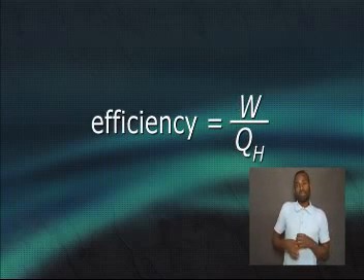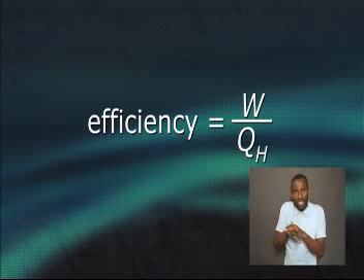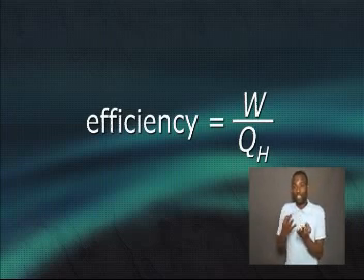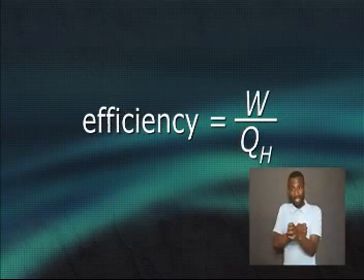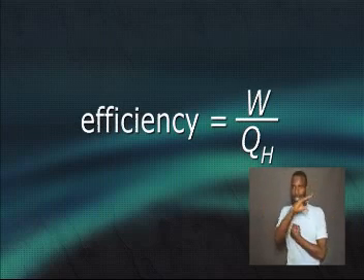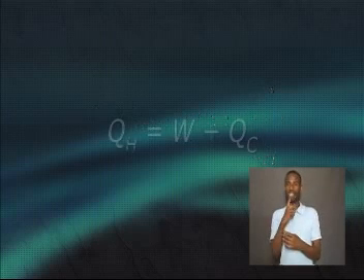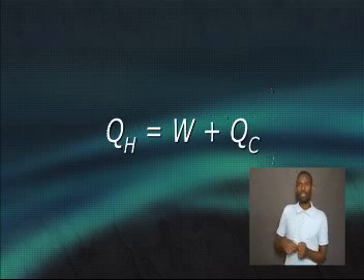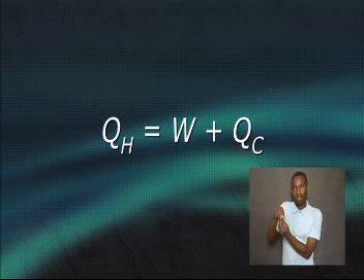If we consider the law of conservation of energy, we can express the efficiency in terms of energy to the cold sink and energy from the heat source. Therefore, QH is equal to W plus QC.